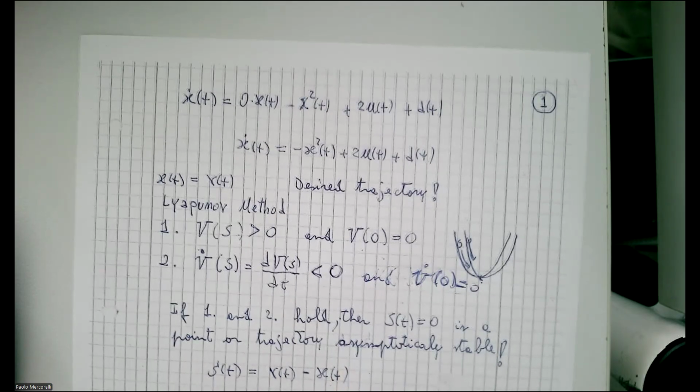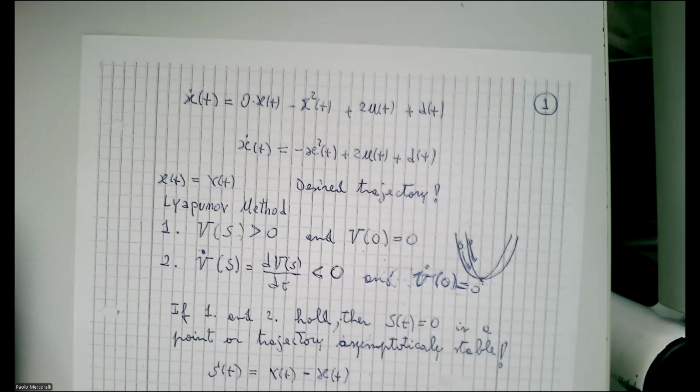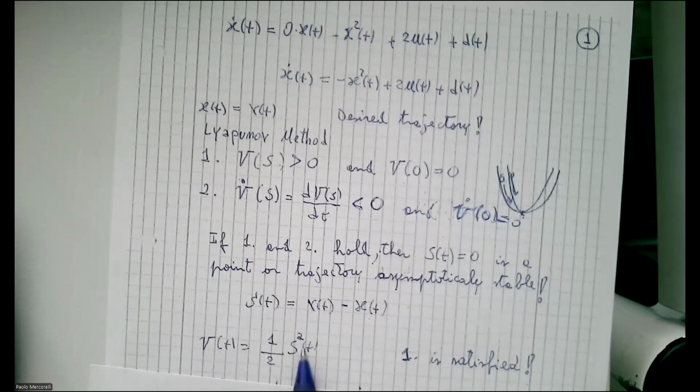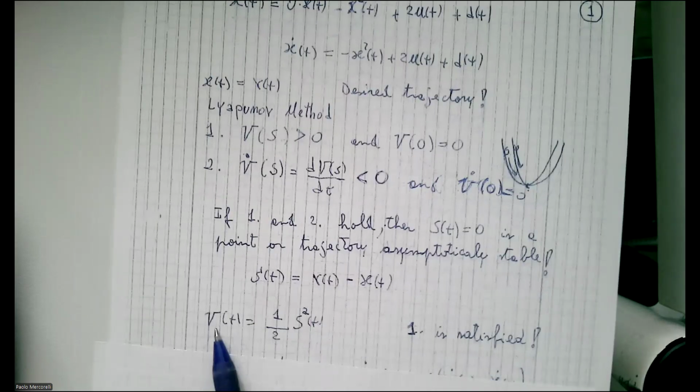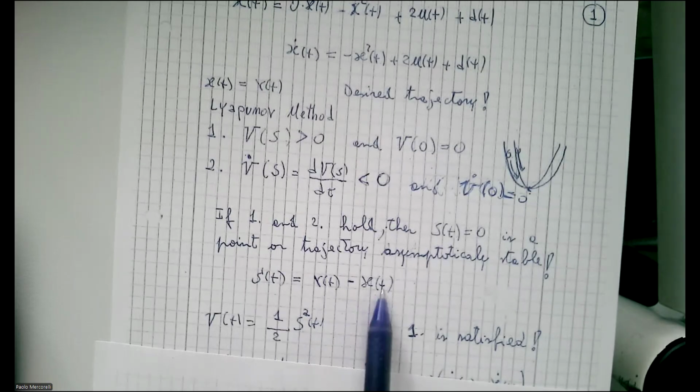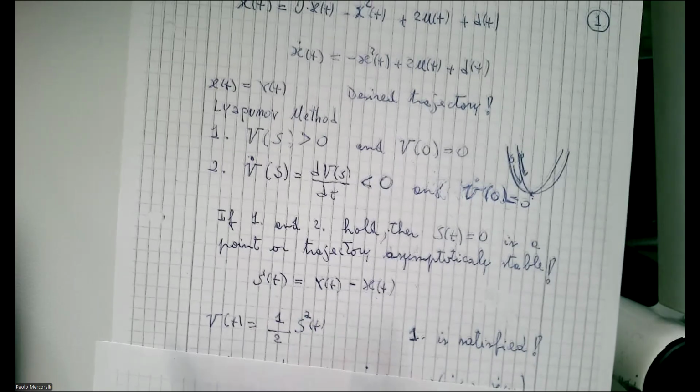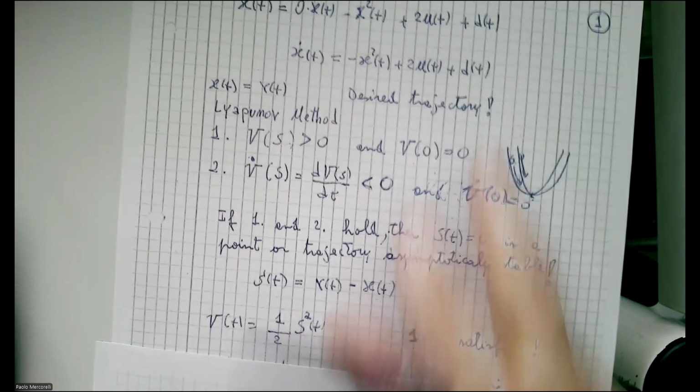This means s of t equals 0. It means s of t equals 0 means v of t equals 0, but s of t equals 0 means x equals r of t. Trivial. It's easier to see than to explain with words.